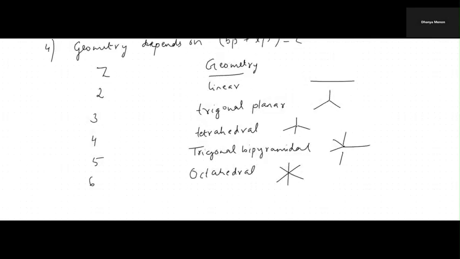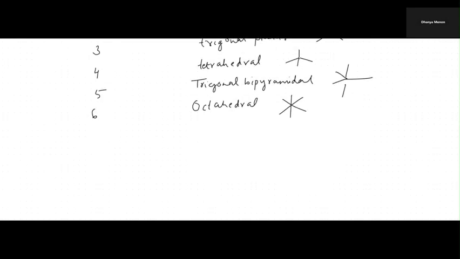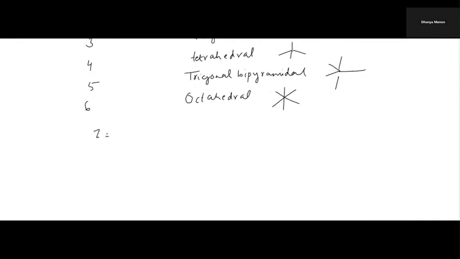Okay, now Z value is equal to lone pair plus bond pair, and geometry depends upon both lone pair and bond pair. But if the lone pair is there, then geometry is not equal to shape. Then the shape changes, right? Because the shape depends on only bond pair.